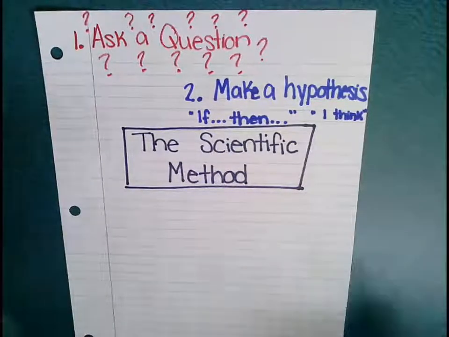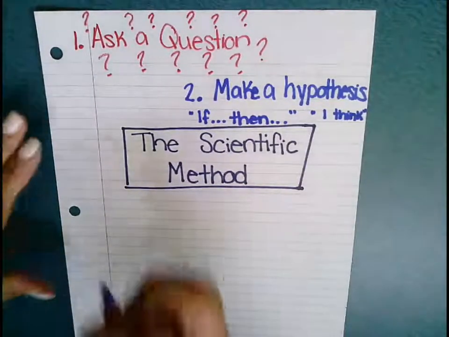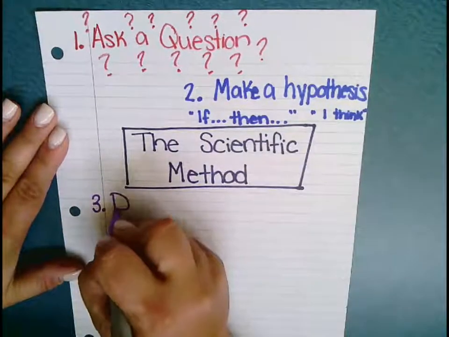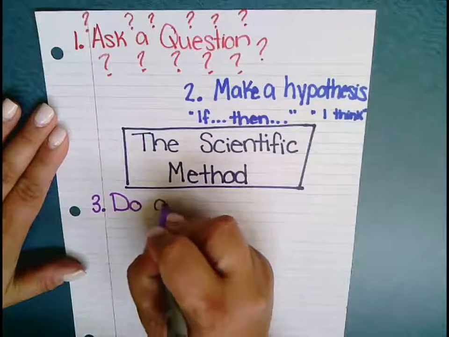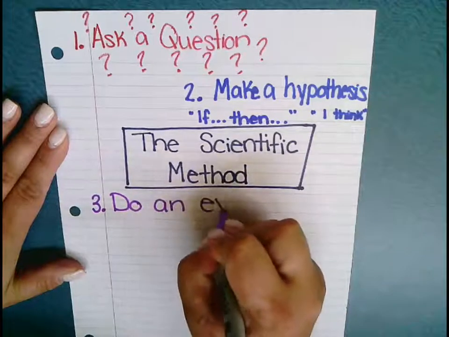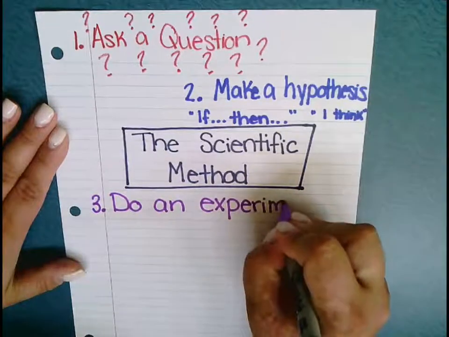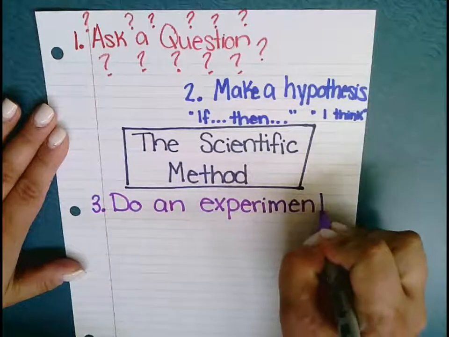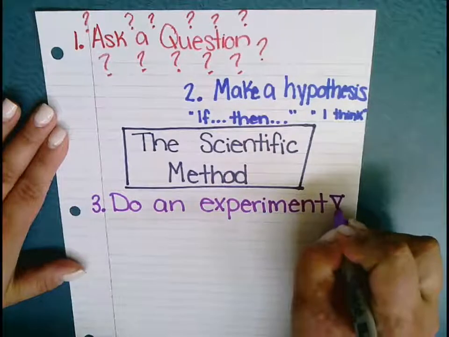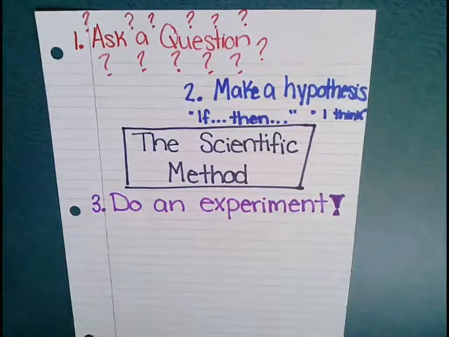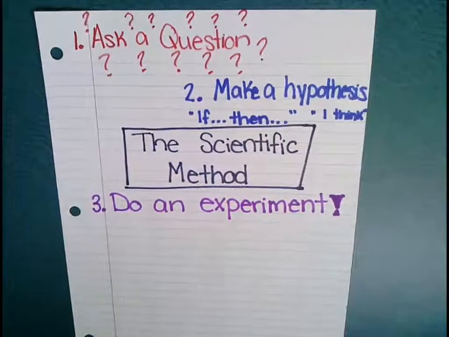The third step in the scientific method is you're going to do an experiment. This is my favorite part of the scientific method, is actually doing the experiment.